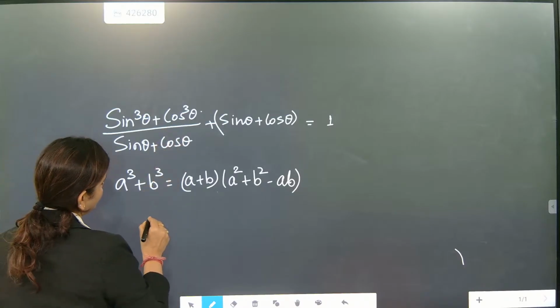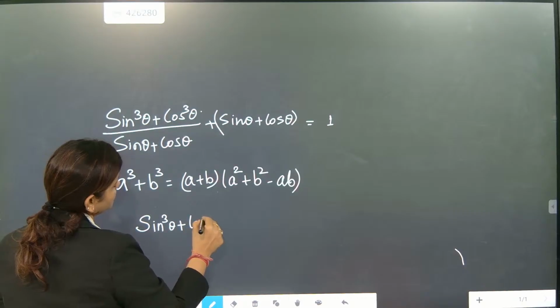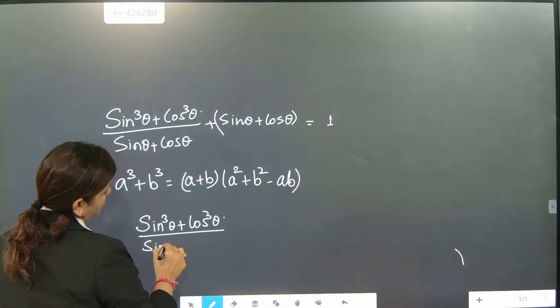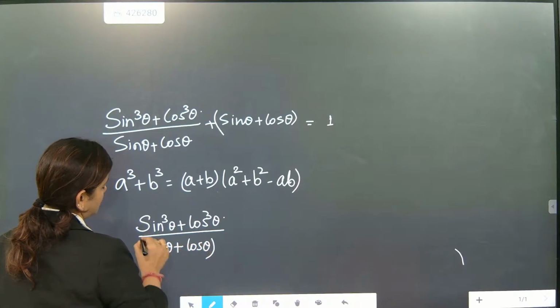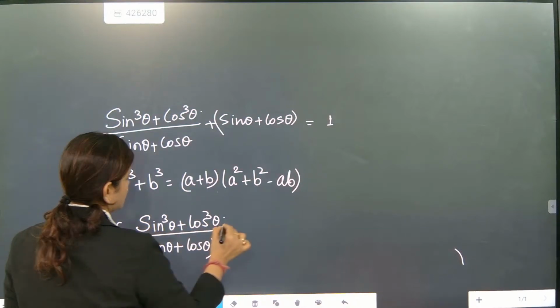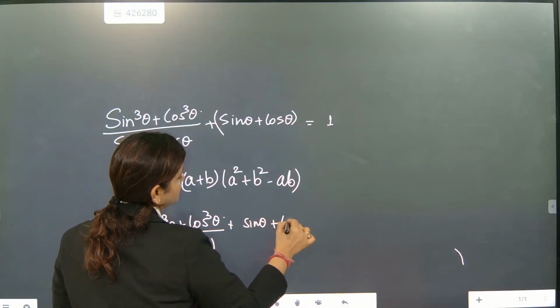Now here it will become sine cube theta plus cos cube theta by sine theta plus cos theta. This is LHS, plus, sine theta plus cos theta.